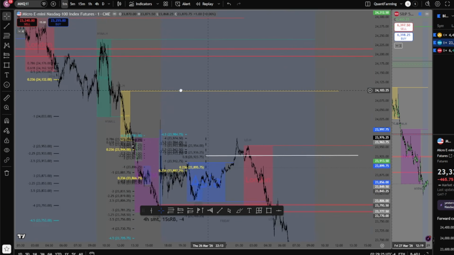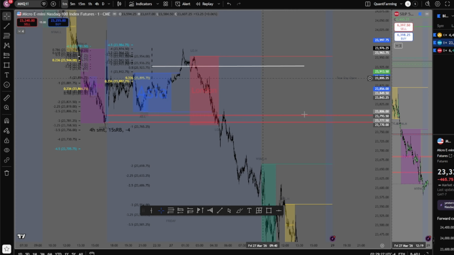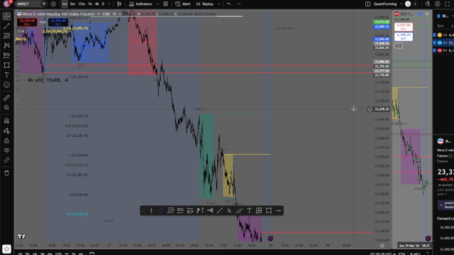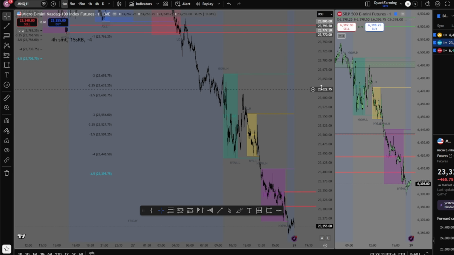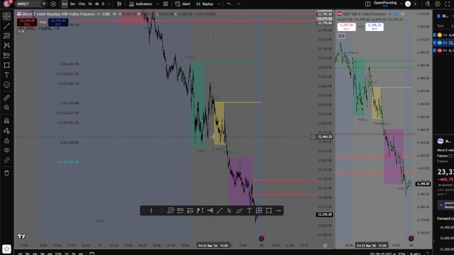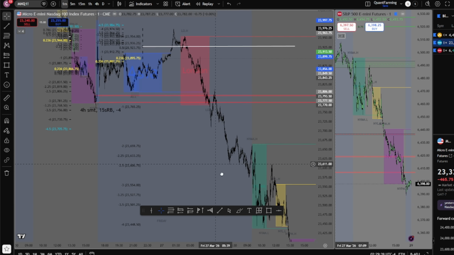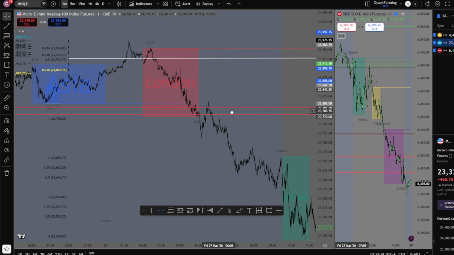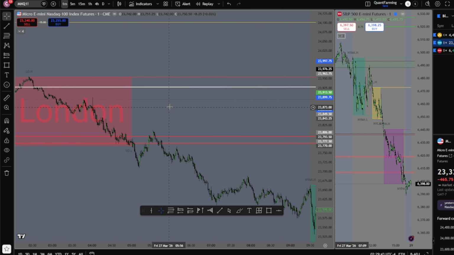So now that we've gone over everything that I use and everything that I look for, minus SMTs, you should know what an SMT is. How do we put these all together? Now, going into the market, obviously, I always have my 5 minute range. You can mark it on the 1 minute, doesn't really matter.